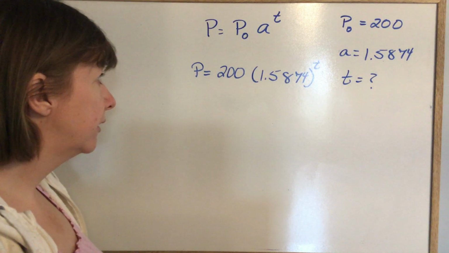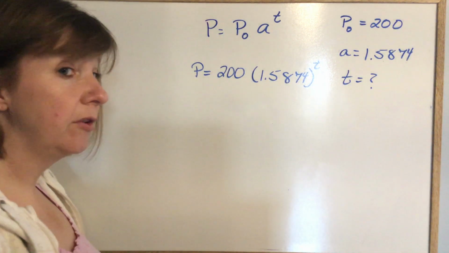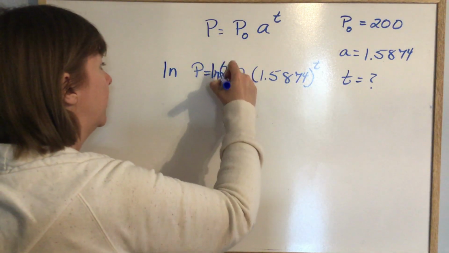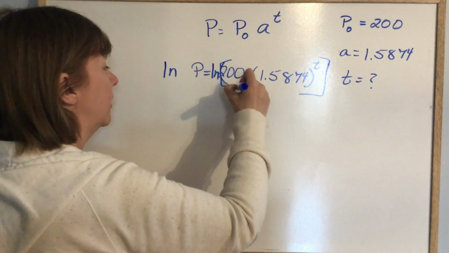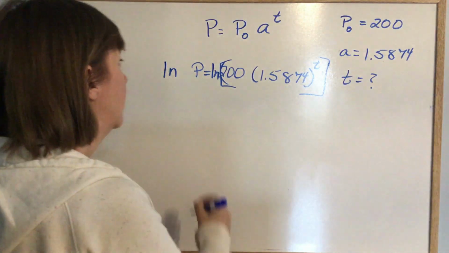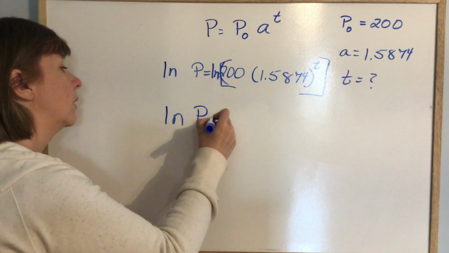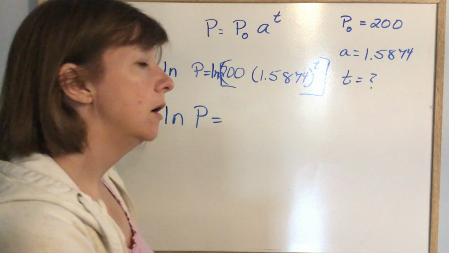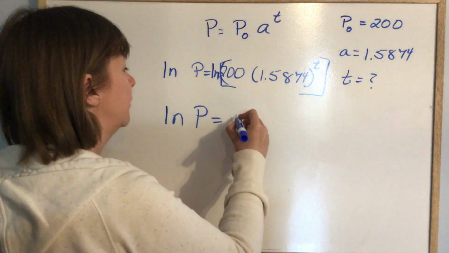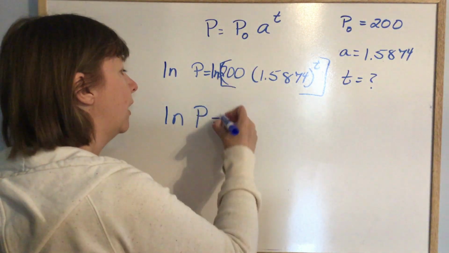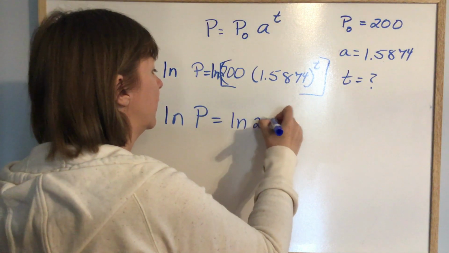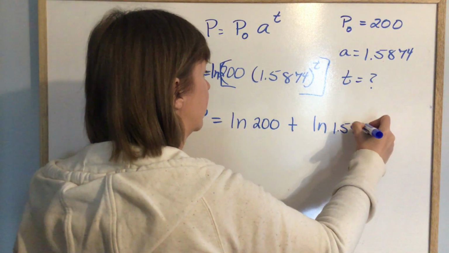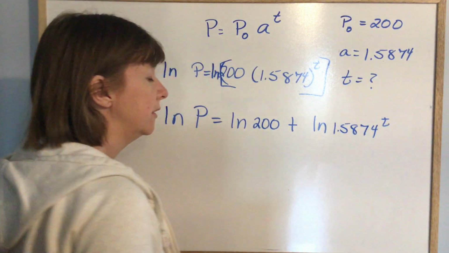So again, to do the derivative, I would take the ln of both sides. But if I'm taking the ln of this, I'm taking the ln of that whole thing, right? Think about your product rule for logs, which says if you're multiplying these two things and it's a ln or a log, you can say this is ln of 200 plus ln of 1.5874 to the t.